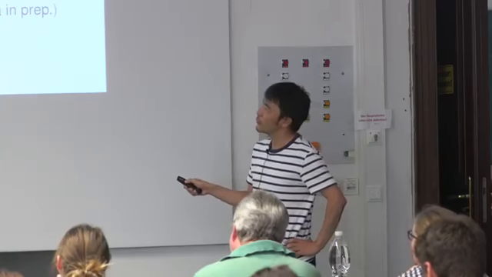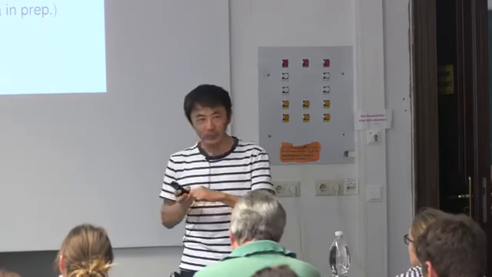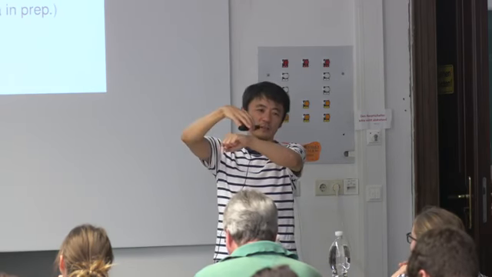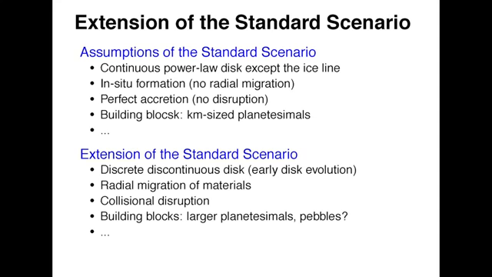The obliquity distribution is isotropic, which means the typical spin axis is about 90 degrees, like Uranus in the solar system. Let me briefly comment on the extension of the standard scenario. So far, we talked about the standard scenario, maybe already a bit modified or extended, but this extension of the standard scenario is going on in many ways now.